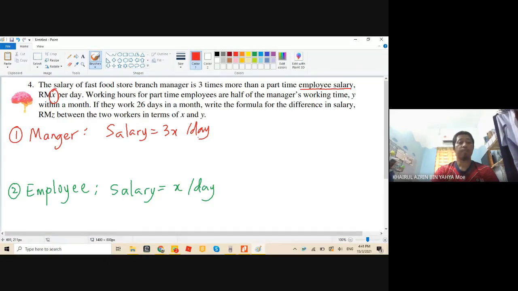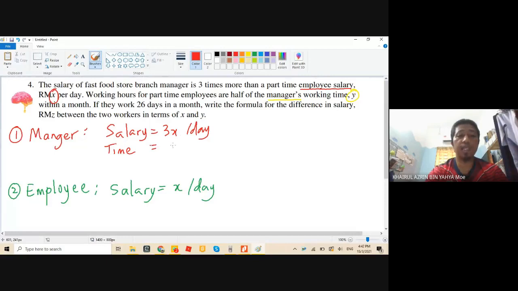Next, working hours for part-time employees are half of the manager's working time. This Y is the working time for manager. So I write here time only.